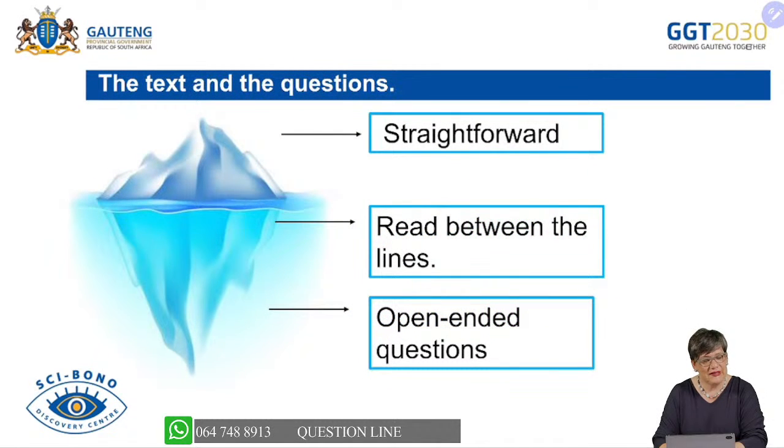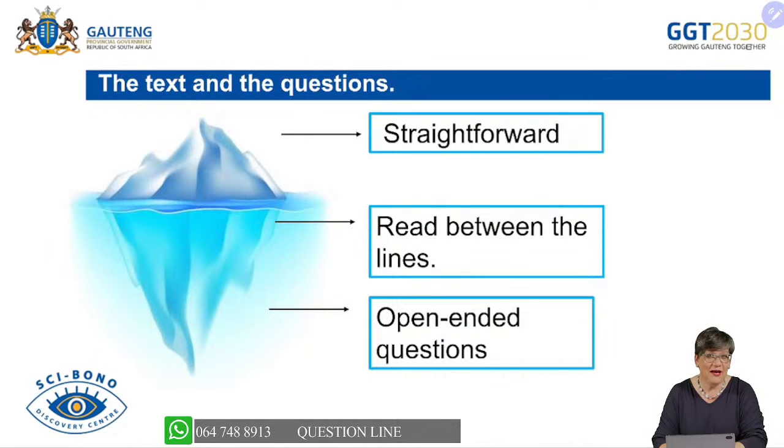If I look at your text and if you look at your questions, we can compare it to an iceberg. So, on the left-hand side of your screen, you'll see an iceberg. Some part of the iceberg is above the water and is visible. But the biggest part is underneath the water and not visible.